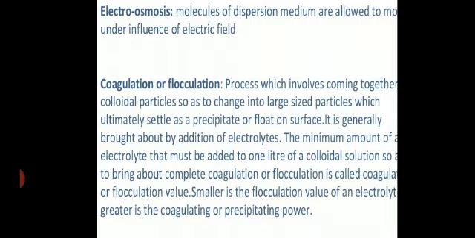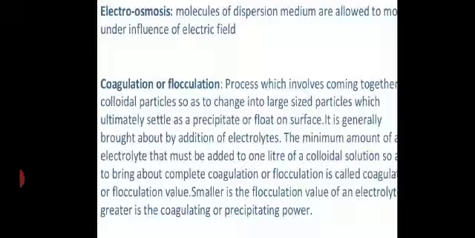The minimum amount of electrolyte that must be added to 1 liter of a colloidal solution so as to bring about complete coagulation is called the coagulation value or flocculation value or precipitation value of the electrolyte. Remember it. How will you measure it?